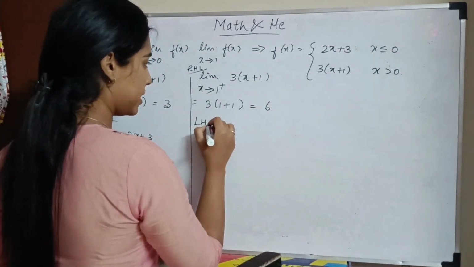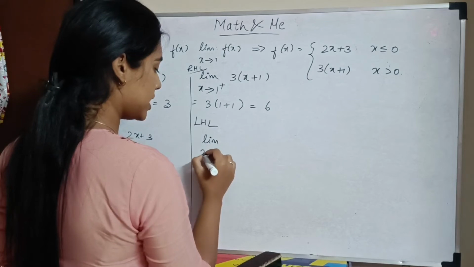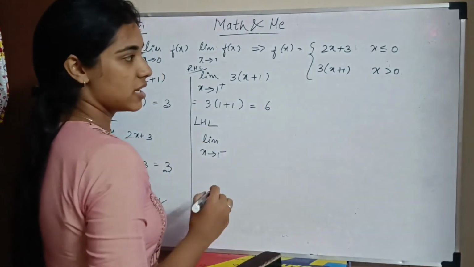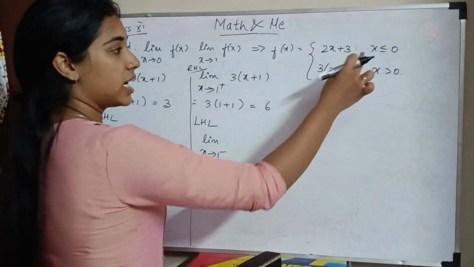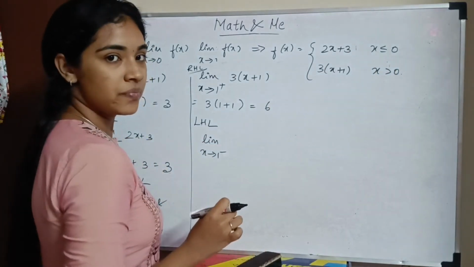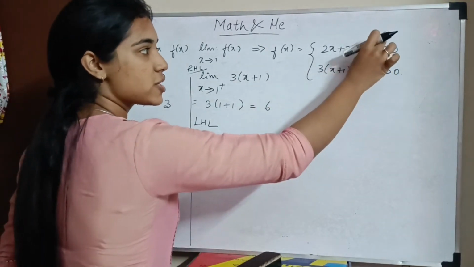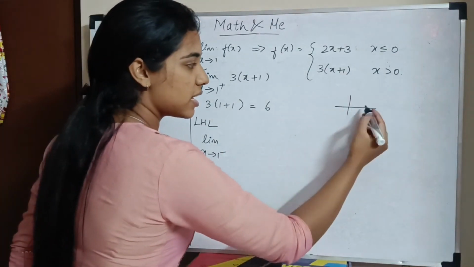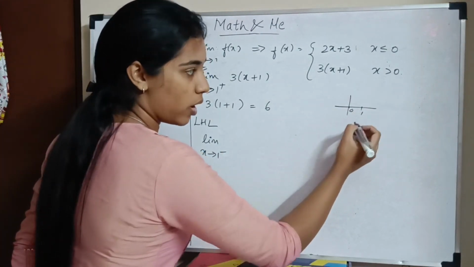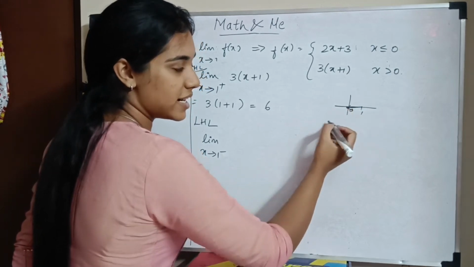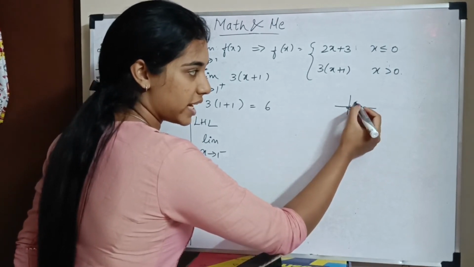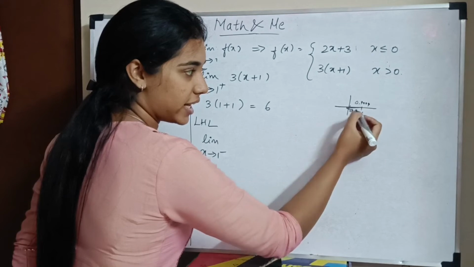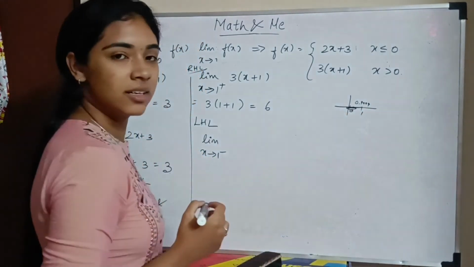What is your left hand limit? Limit x tends to 1 minus. 1 minus na, can you take x less than or equal to 0? ஏன்னா 0க்கு இந்த பக்கம் minus 1 தானே இருக்கு, 1 இல்லையே. We need 1 minus, which means if this is the number line and this is the 0 point and this is 1, 1 minus na in the side. So what is the closest value? It can be 0.9999 அப்படின்னா என்ன அர்த்தம்? It is all greater than 0.